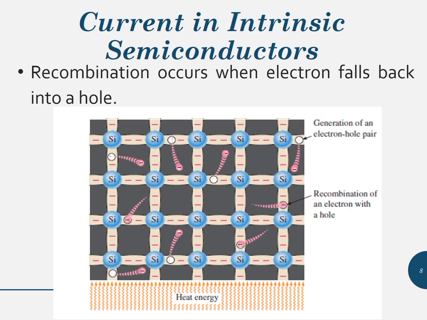As you can see here, free electrons are being generated continuously, while some of these free electrons recombine with holes. So this is what we call generation, and this is recombination of carriers.